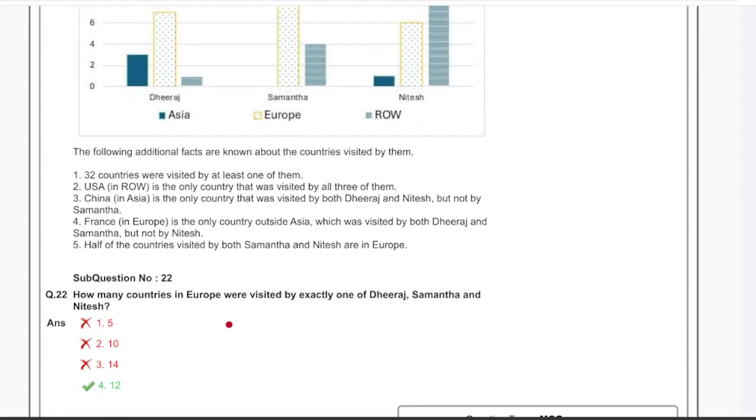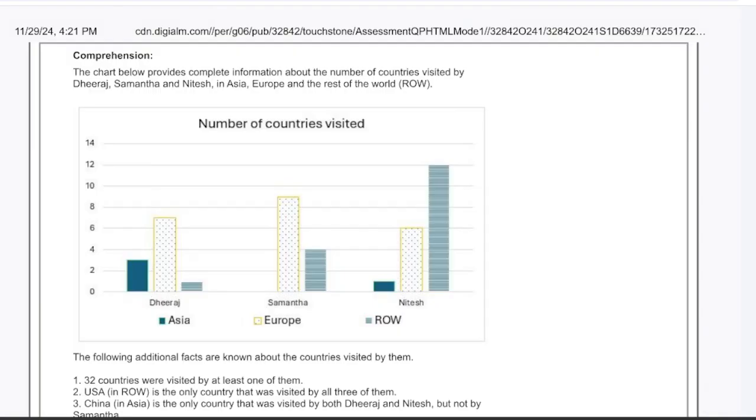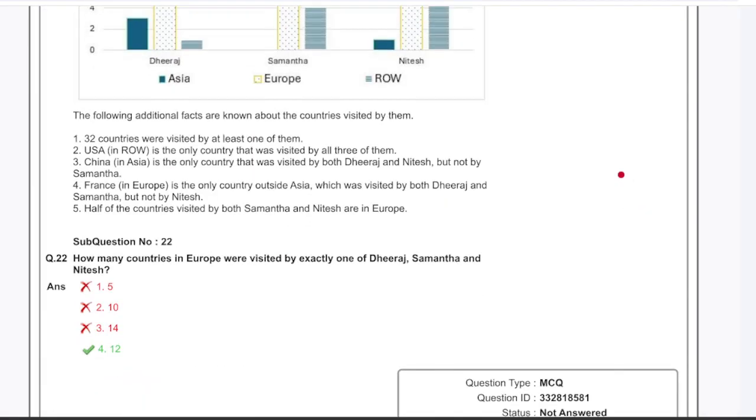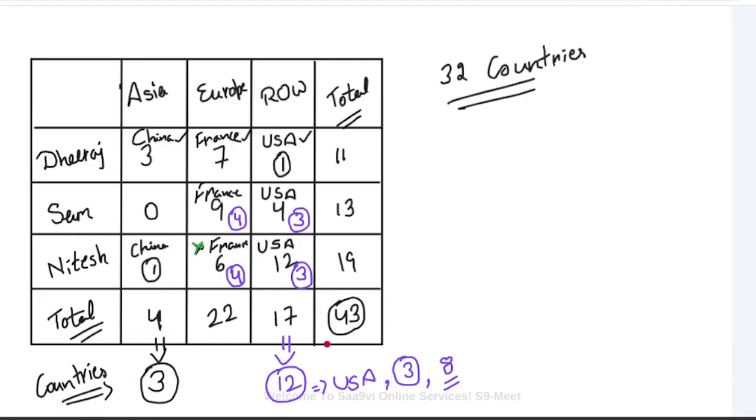Then another question: how many countries in Europe were visited by exactly one of Dheeraj, Samantha, and Nitesh? By exactly one, and in which continent did they say? They said it should be in Europe. So let's check. In Europe, in total, the total countries are 32.